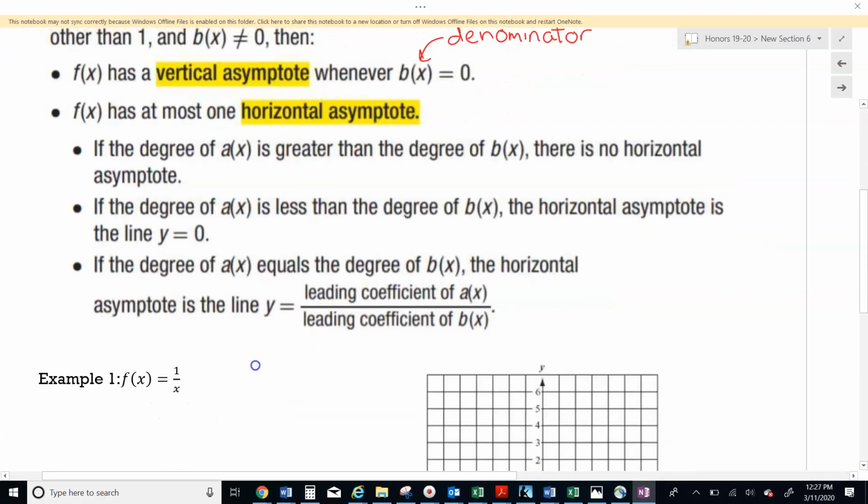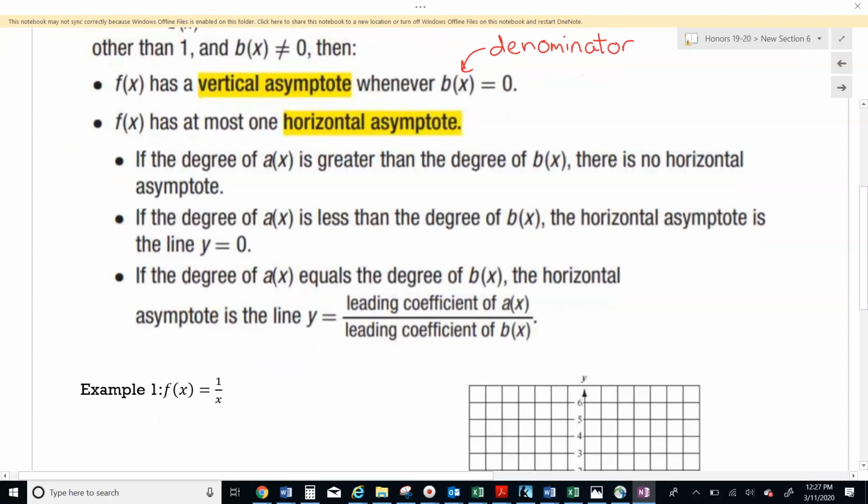If the degree of a of x is greater than the degree of b of x, there is no horizontal asymptote. If the degree is less than the degree of the denominator, then it is y equals 0. And if they are the same, then it is the leading coefficient divided by the leading coefficient.